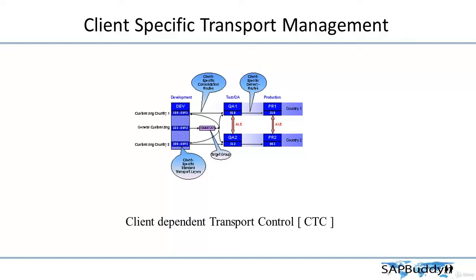That will be the specification. If it is, for example, QA2 dot 212, that will be the specification for client specific target routes or target groups, either consolidation or delivery. And the target group name does not change. It will be the same as before. It has to begin with a slash.